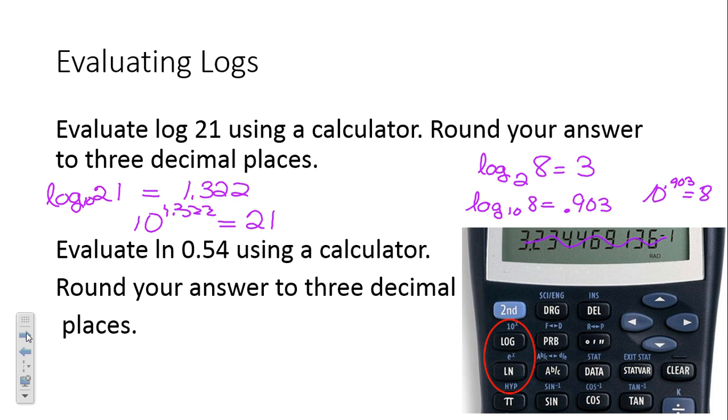We're going to say evaluate without a calculator, or we'll say evaluate with a calculator to 3 decimal places. Does that make sense?